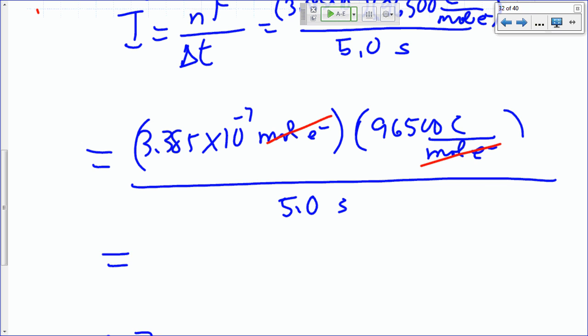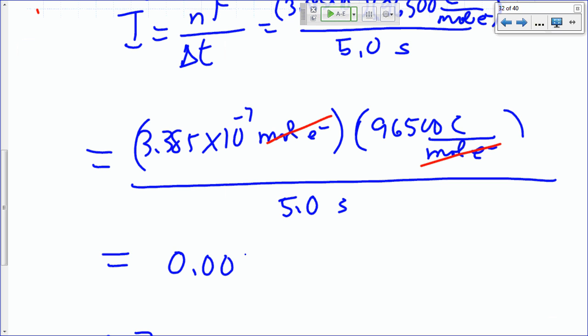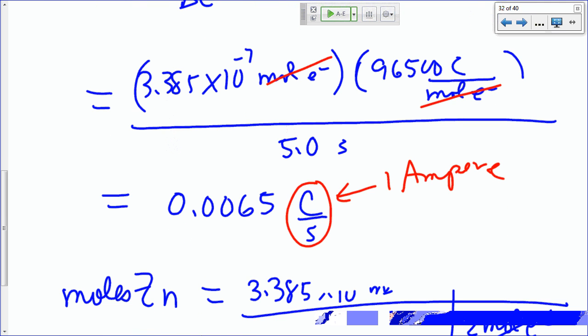What would that be? So this times 2, that was your moles of electrons, right? Times 96,500 divided by 5. That gives you 0.00653. So 0.0065 coulombs per second. A coulomb per second is called an ampere. So that's 1 ampere, a unit of current.